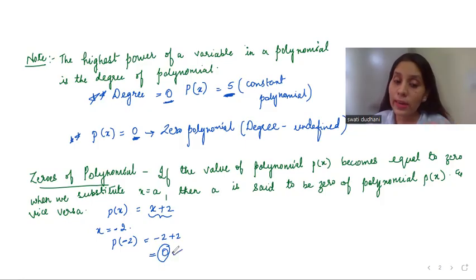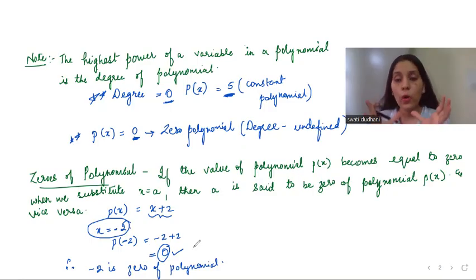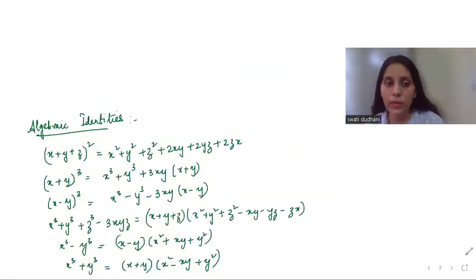So when did I get the value to be 0? If x is equal to minus 2. So therefore, this minus 2 is known as the 0 of the polynomial. Minus 2 is known as the 0 of the polynomial. So at what value you are getting it as 0? That value is known as the 0 of the polynomial.